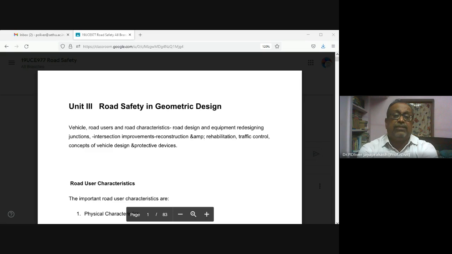All these factors will be called geometrics. And the geometrics will include the road finish, the curve radius, the camber percentage, the gradient percentage, type of gradient, category of the road, number of lanes in the road, etc.